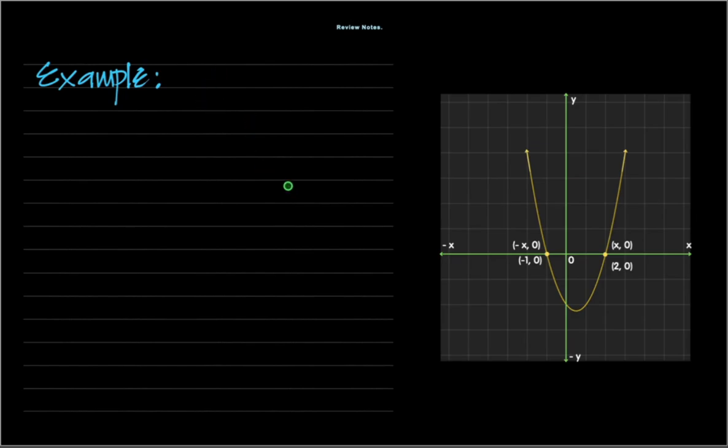Okay, so you can see this graph is a quadratic graph. The equation is y is equal to x squared minus x minus 2, which can also be represented in a factored form as x plus 1 into x minus 2.